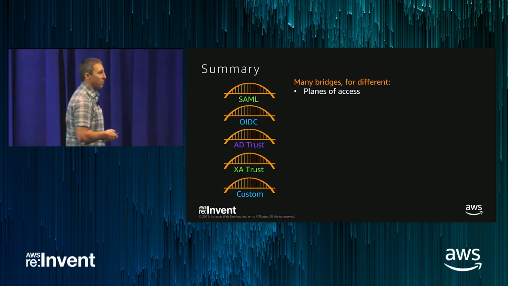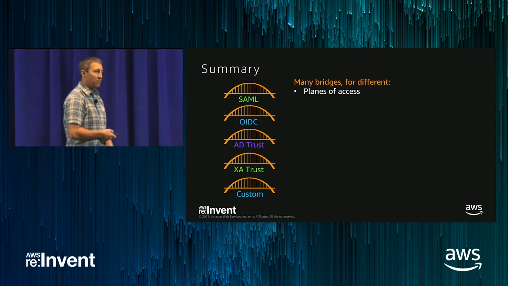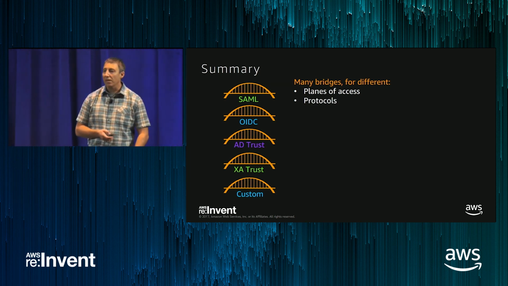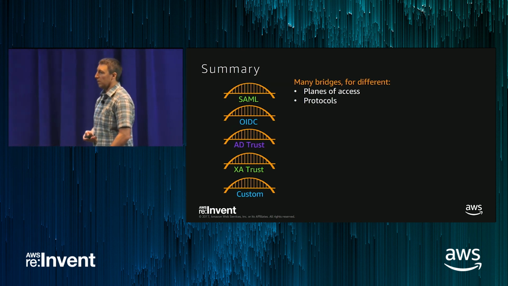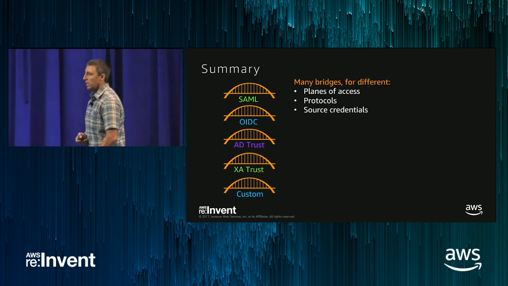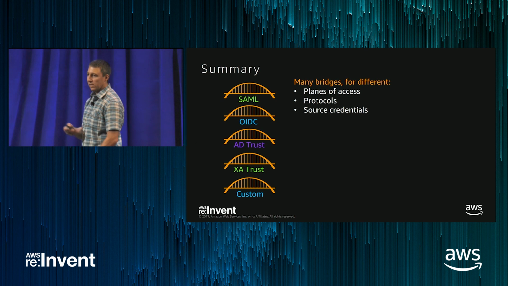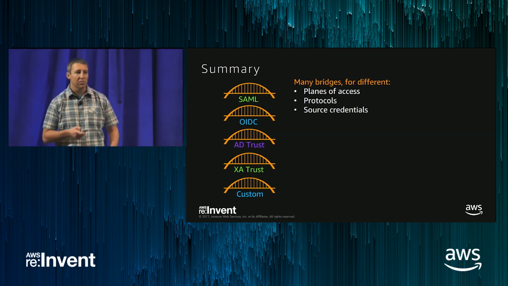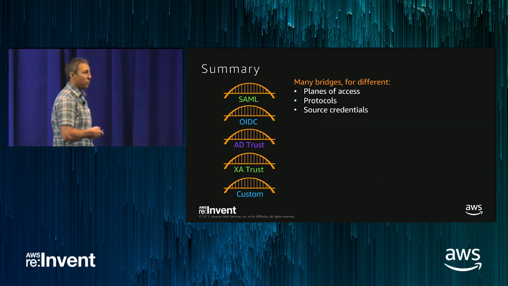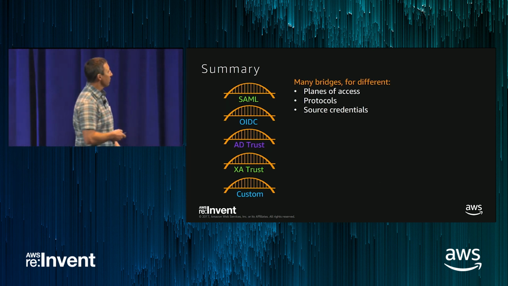Again, keeping in mind whether we're talking about something that's using a VPC level connection or an AWS API. We've got things that talk different protocols, right? So OpenID Connect, SAML, Kerberos, et cetera. And we've got different types of source credentials. Sometimes they're social identities, sometimes they're corporate credentials. We have these different bridges to account for those different cases.